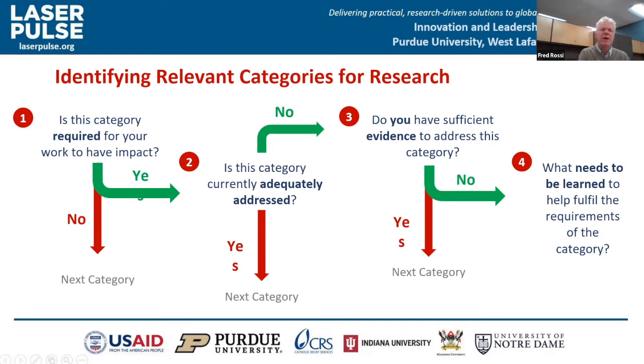So that's the process of selecting if your success factor category is important enough to delve into it deeply, and we'll go through this again in more detail a little bit later. Next slide please.